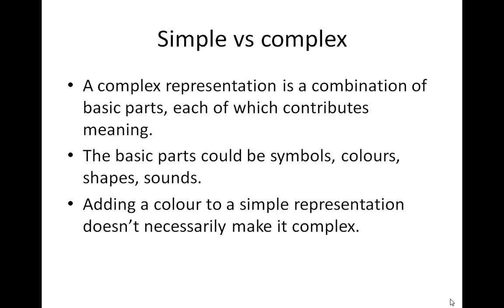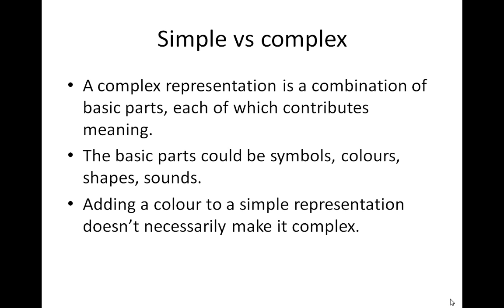So the basic parts are normally symbols, colours, shapes, sounds, and combinations of those. So for example, if you have a symbol and you put a cross through it, then that's combining two different sets of symbols to create additional meaning.